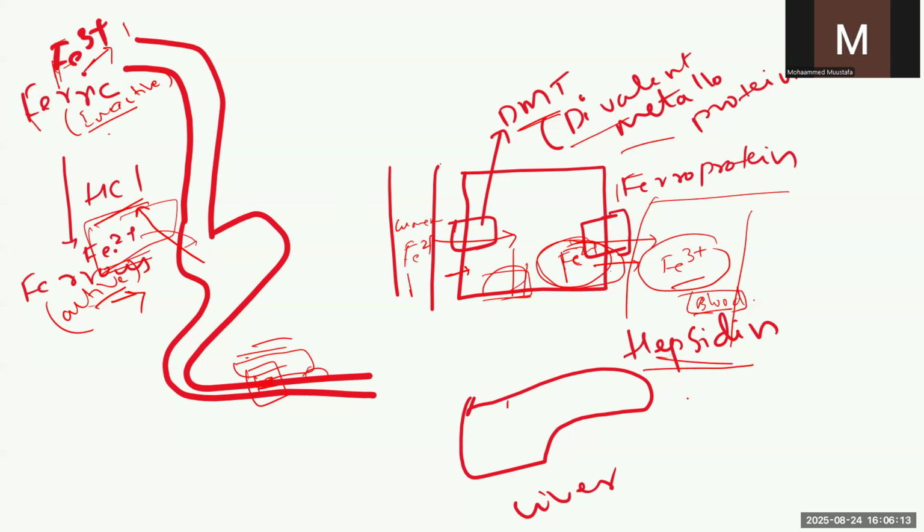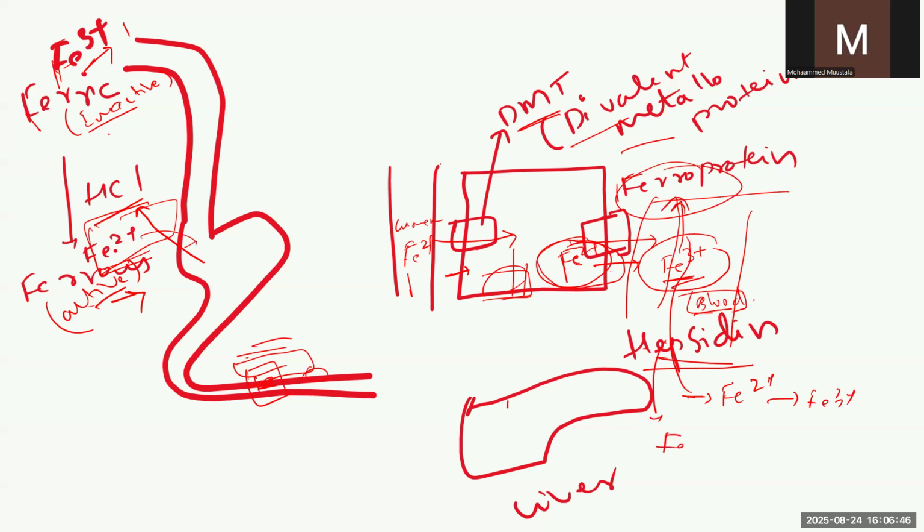What is the function of hepcidin? Along with ferroportin, hepcidin is involved in conversion of Fe2+ to Fe3+, and it will also inhibit ferroportin. This is the protein which was converting Fe2+ to Fe3+, so hepcidin will inhibit ferroportin. Why is inhibition of ferroportin required?